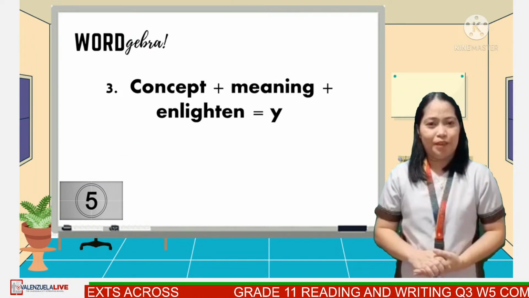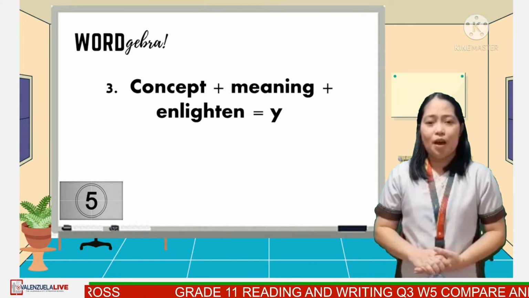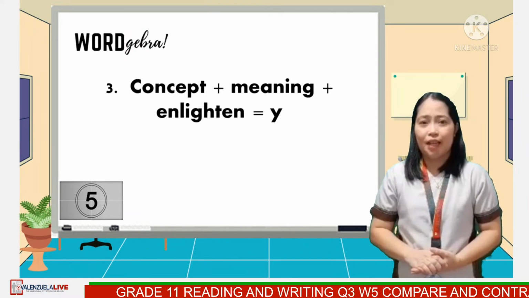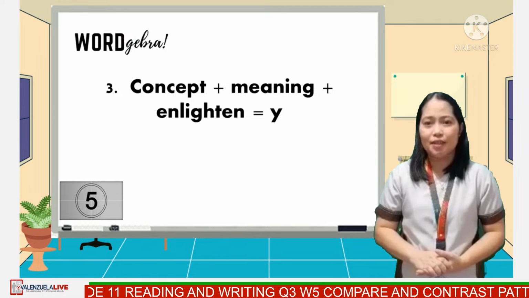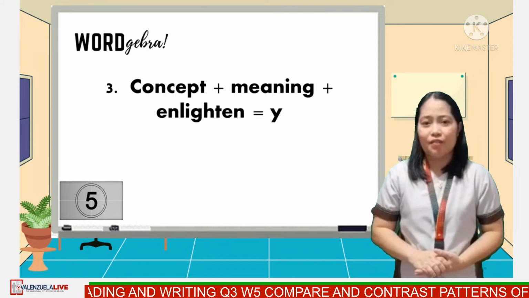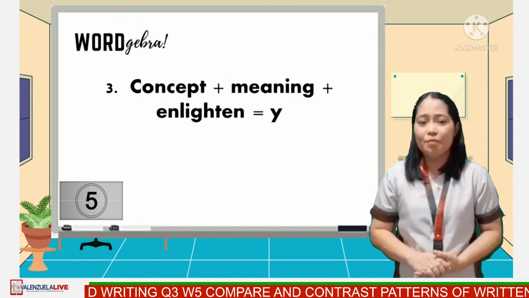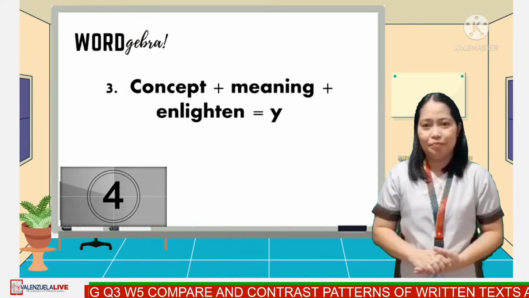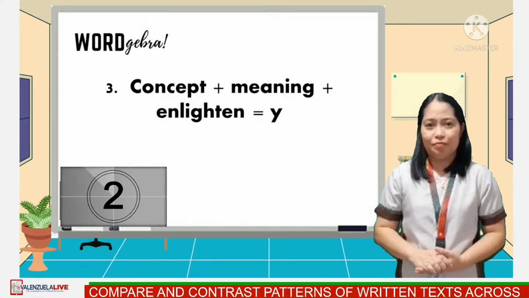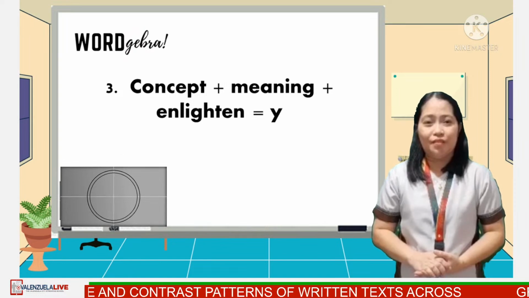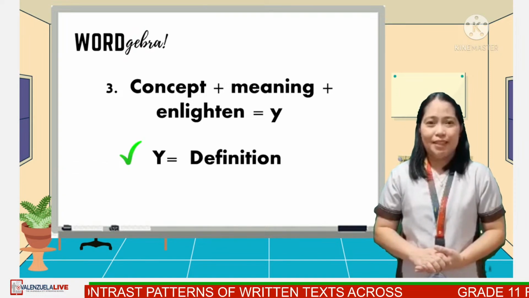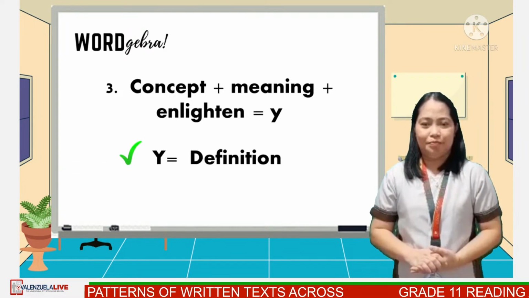Number 3. Concept plus meaning plus enlighten equals Y. What pattern of development can we derive from this group of words? Very good. The answer is definition.